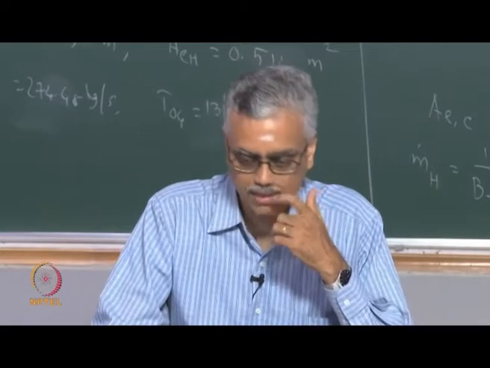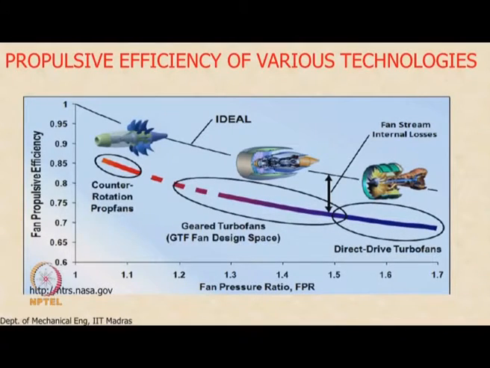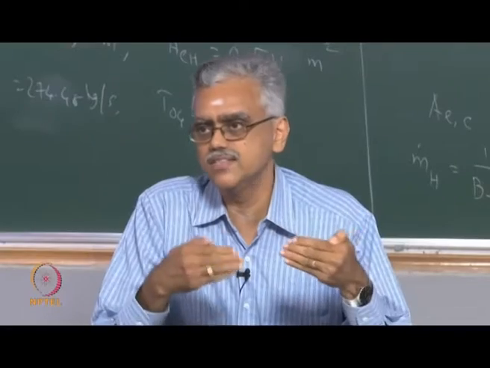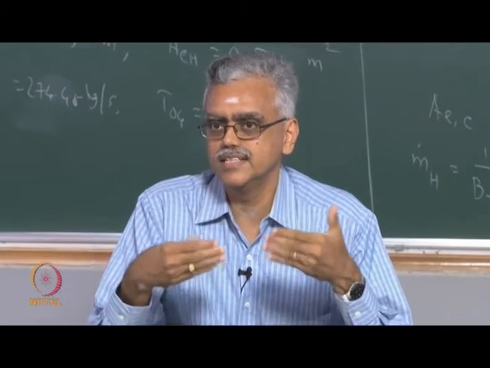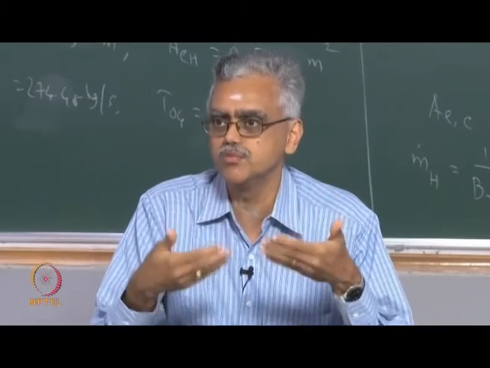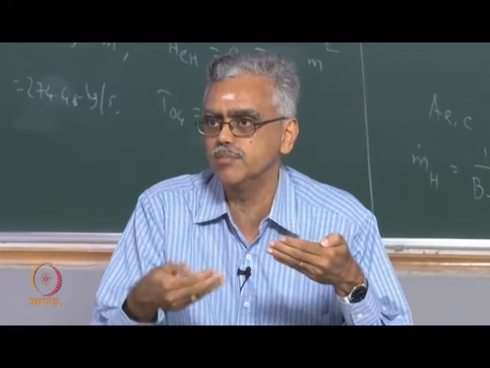Let us see what is being done now. So here is where the current technology is. This is the direct drive turbofan engine. By direct drive, what we mean is the fan is directly coupled to the turbine, and this is one of the key barriers that we discussed earlier, because the fan is directly coupled to the turbine, and the turbines have to be run at a certain minimum speed to keep the flow moving through the blade passages.